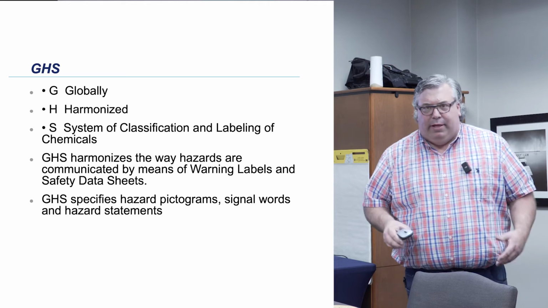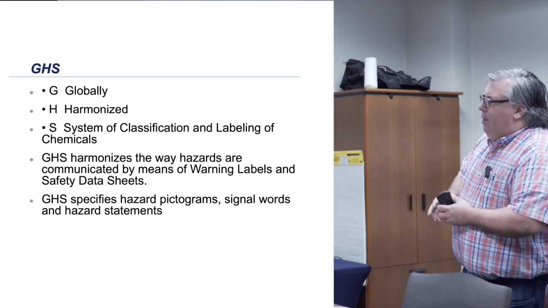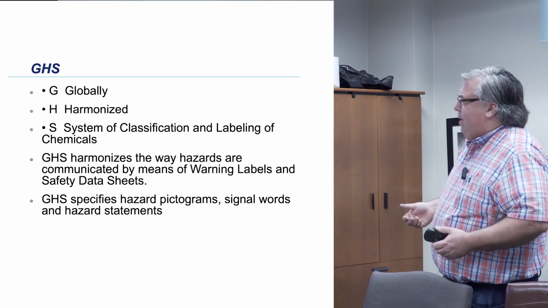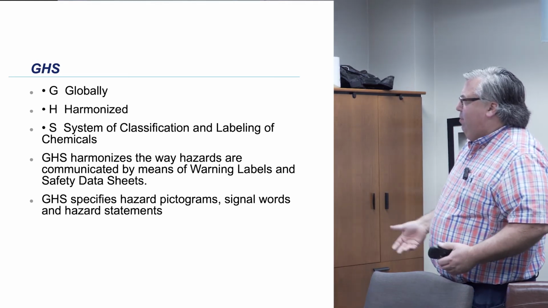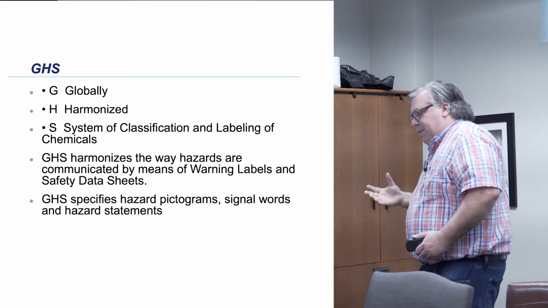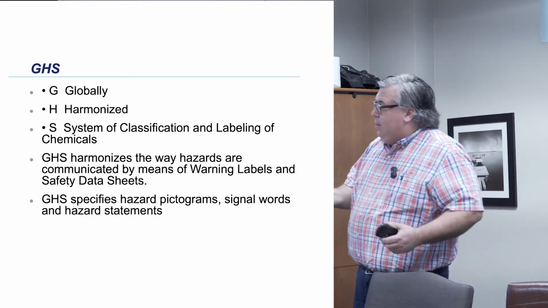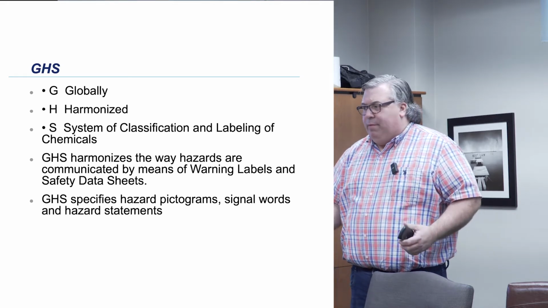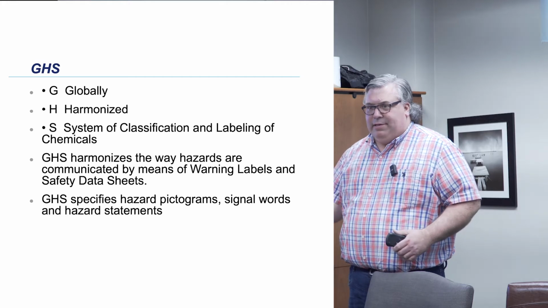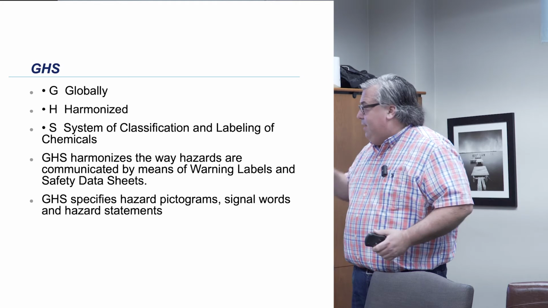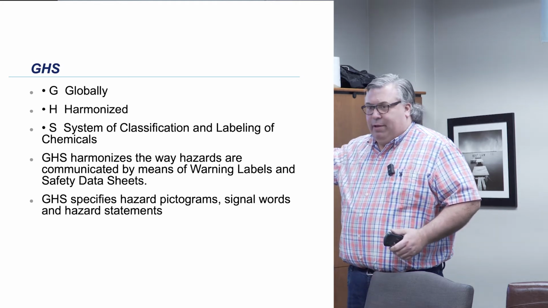GHS, again, globally harmonized system. The GHS harmonizes the way hazards are communicated by means of warning labels and safety data sheets. So this GHS label was created and it is used by multiple countries. Most countries in the world have signed on to this. So if you were to go somewhere else outside the United States, you would see the same labels.